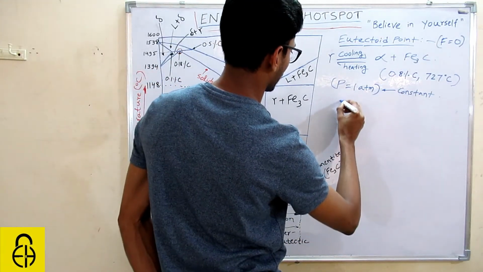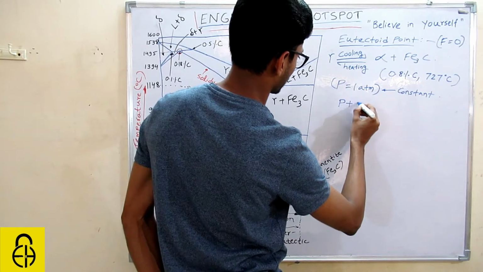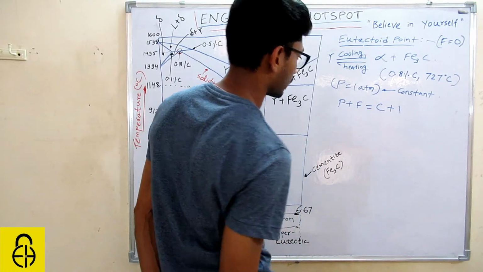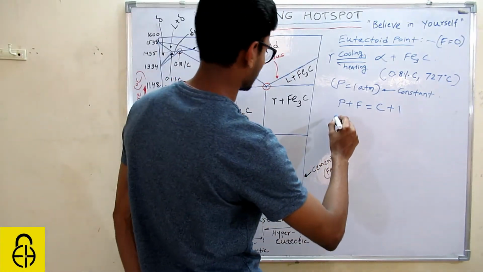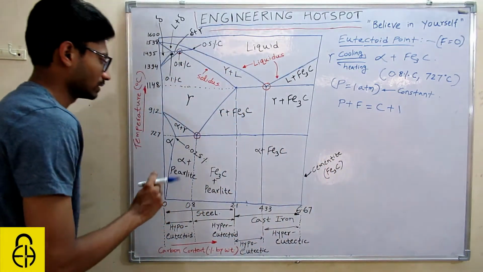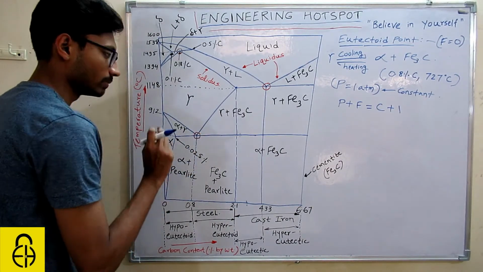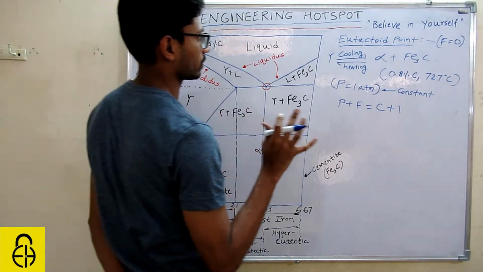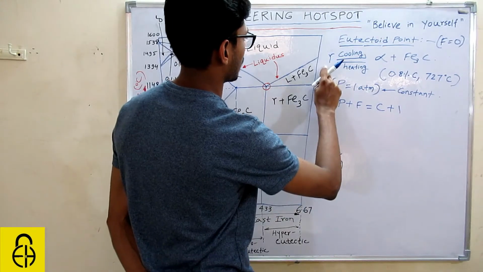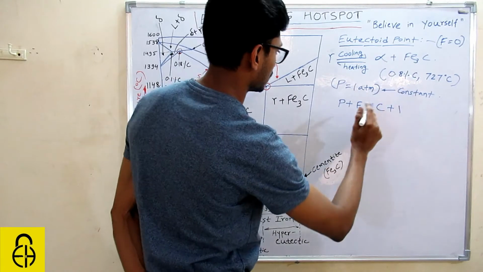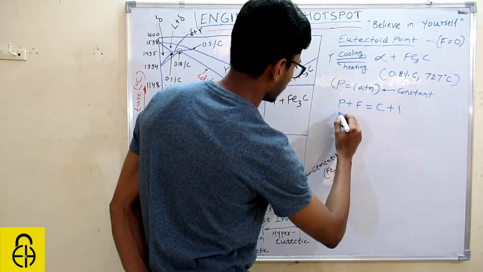So we know how we got F equals 0. Let me prove it. We know P plus F equals C plus 1 according to the Gibbs phase rule, okay? At this point you will have 3 phases: alpha, gamma and Fe3C. So P will be 3.